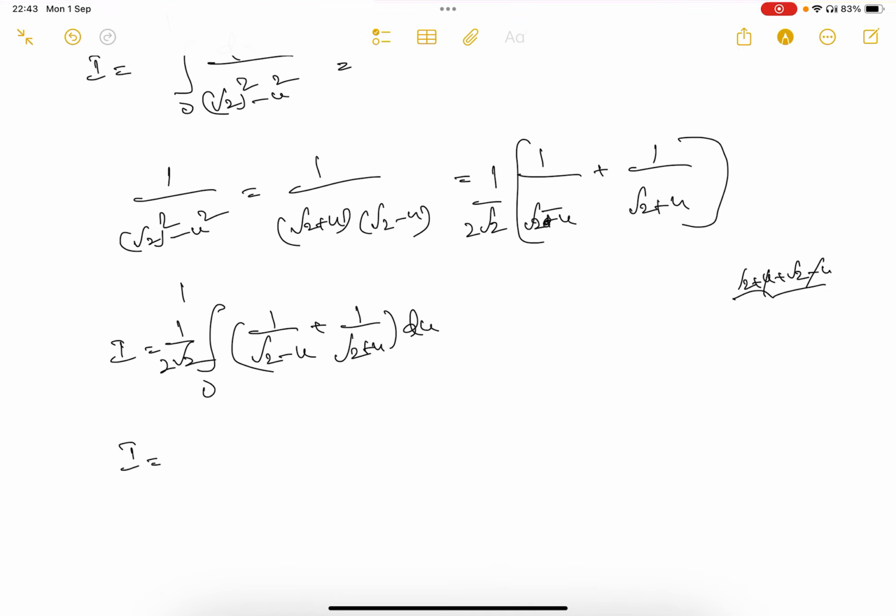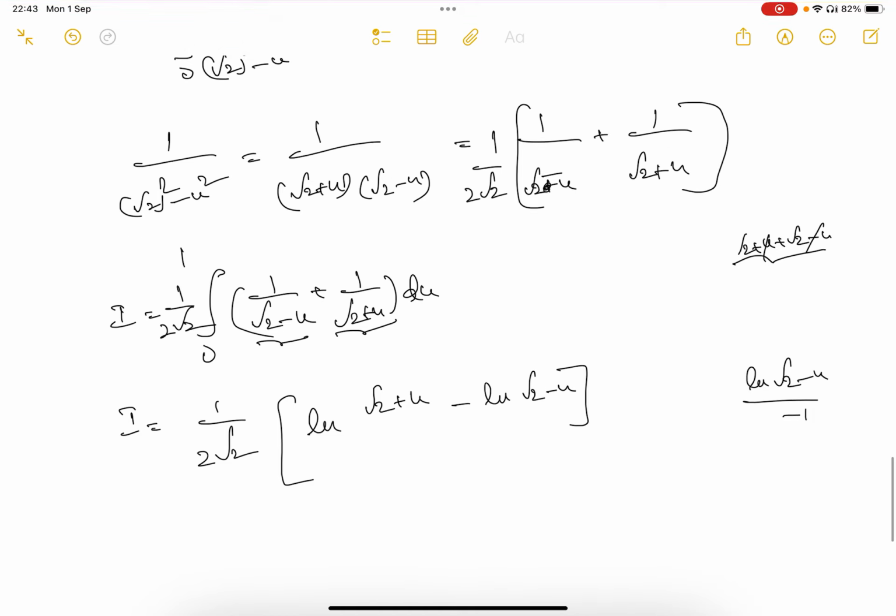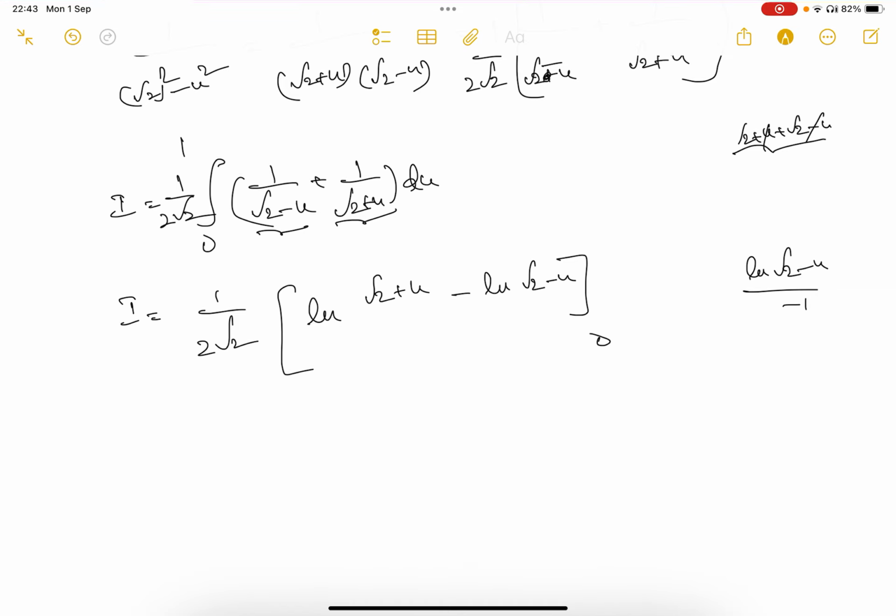That is, I equals 1 by 2 root 2 into, if you calculate the first case, it will be ln of root 2 plus u. Then what about the second case? This will be ln of root 2 minus u by minus, right? So this will be minus of ln of root 2 minus u. Integration limits 0 to 1.